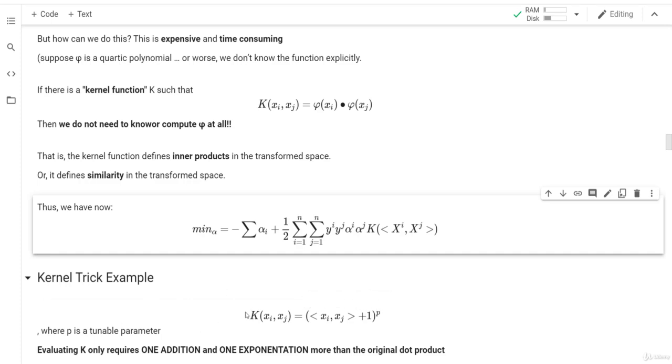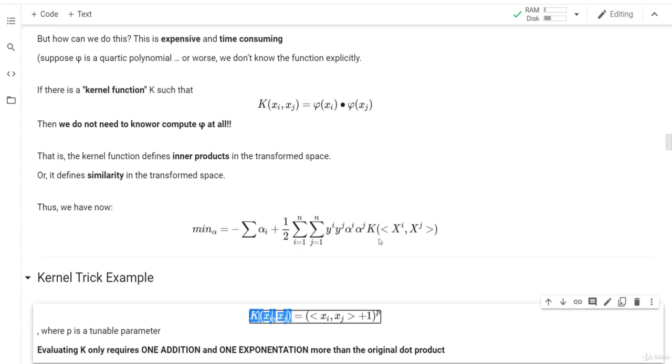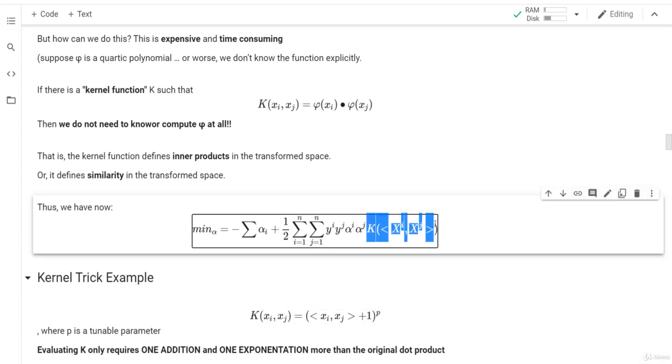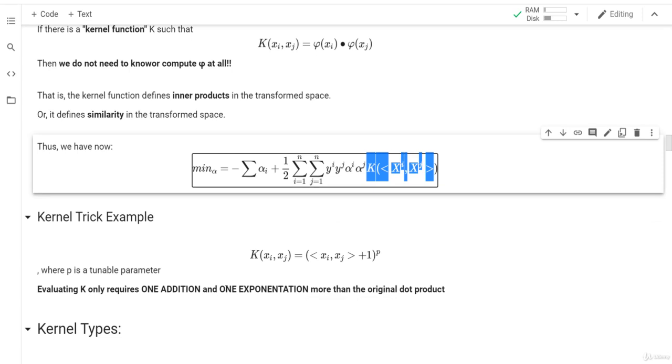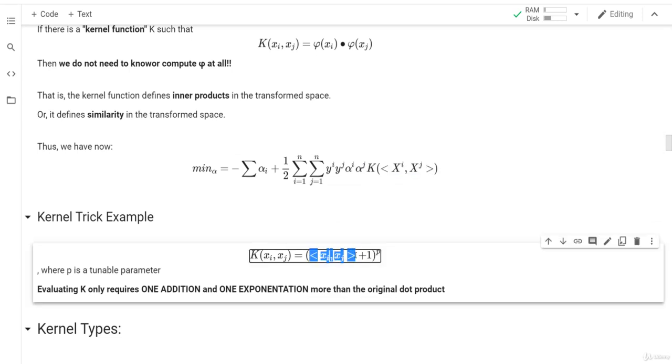Now, in order to evaluate the kernel, or evaluate the values in the new transformed space, we were doing the original dot product before. As we said, we cannot really remove it or get rid of it. So what we need to do right now is one additional addition and one additional exponentiation.